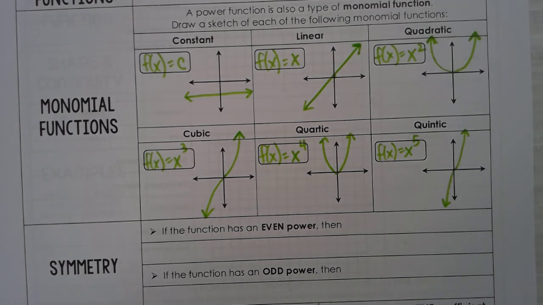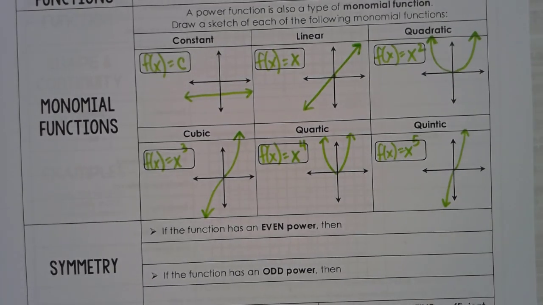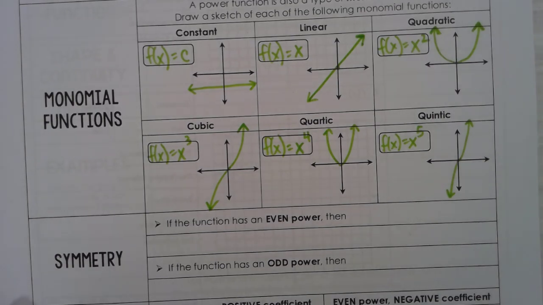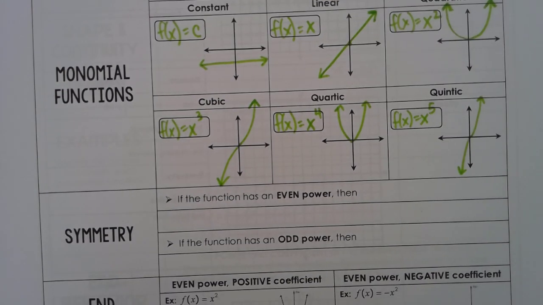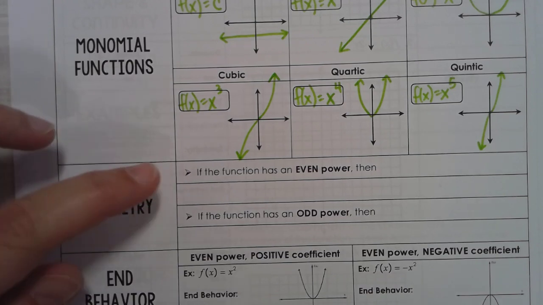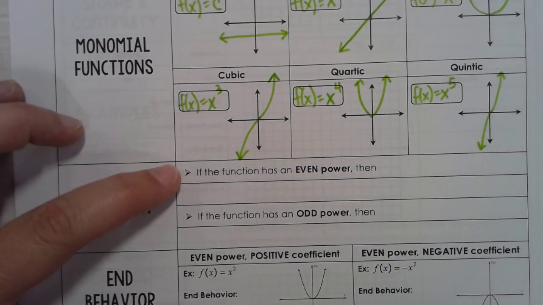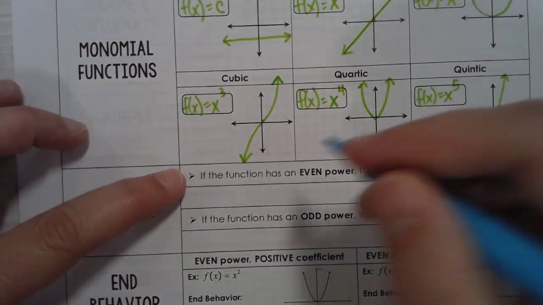Okay, so 3, 5, 7, 9, etc. They all have that same shape along the outside. All right, symmetry. We talked about symmetry before. If a function has an even power, it is going to have symmetry around the y-axis.